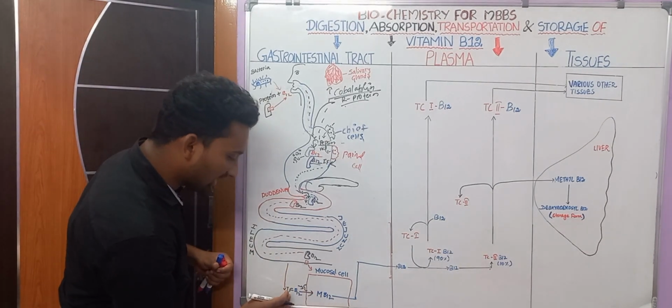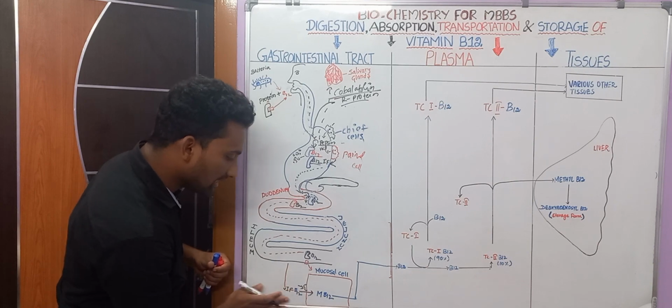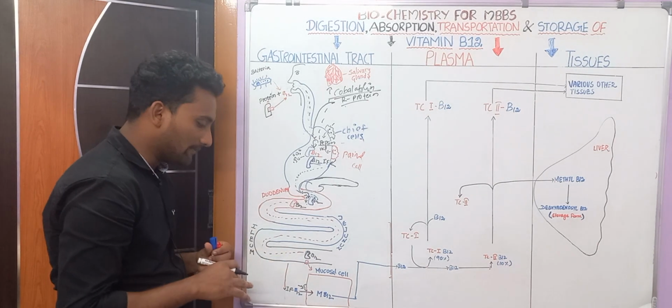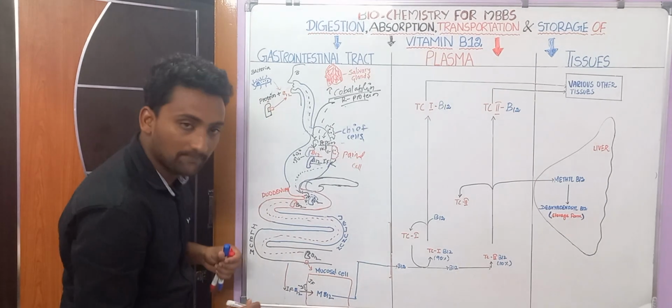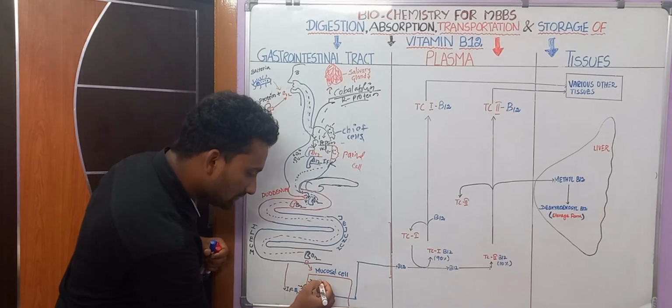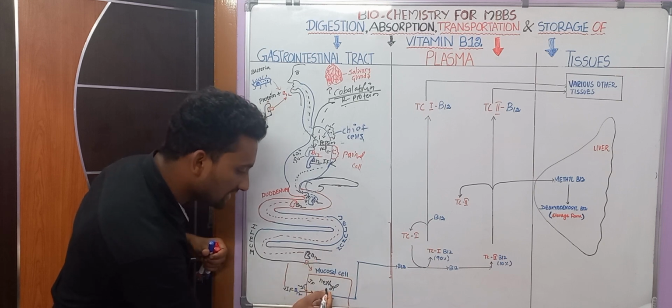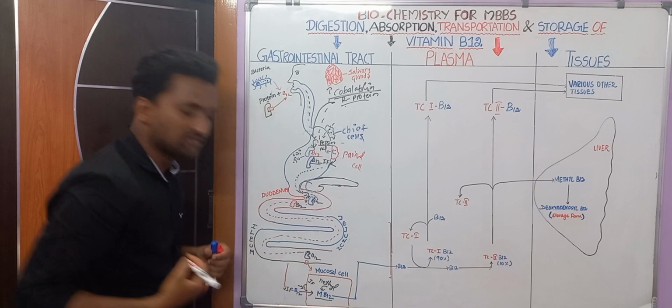Once intrinsic factor and B12 internalize inside the mucosal cell, what happens? This intrinsic factor will come out from B12, and the methyl group present in the mucosal cell adds to the B12. Then methyl B12 is formed.